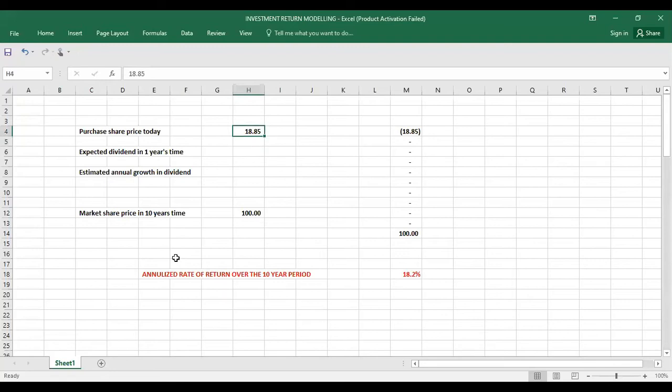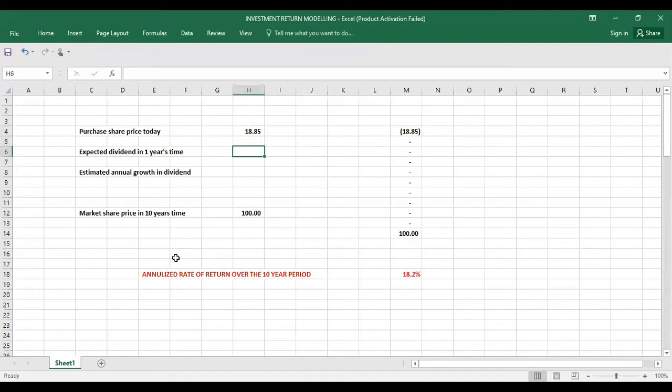What this assumes is that somebody purchases that share at 18 Naira 85 kobo, and in this model I'm going to assume that the person invests over a 10-year period.